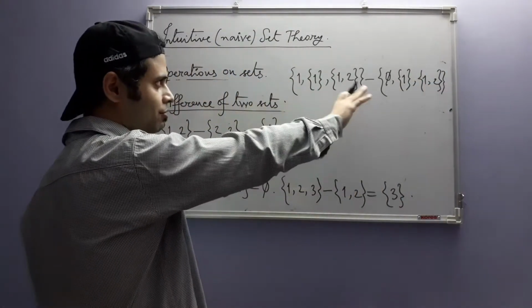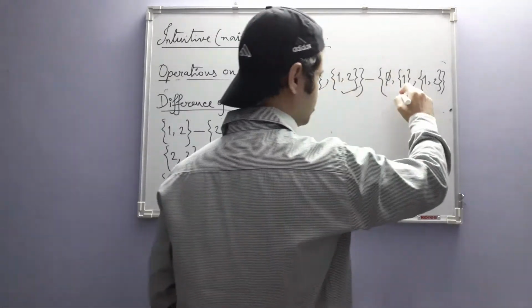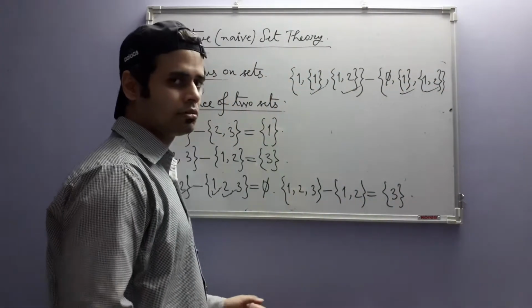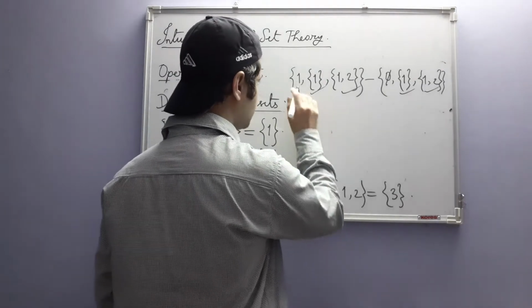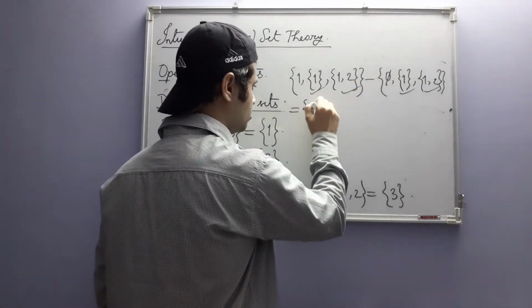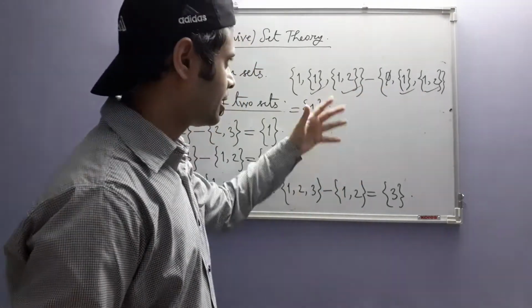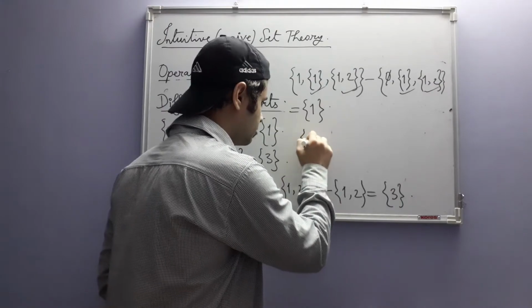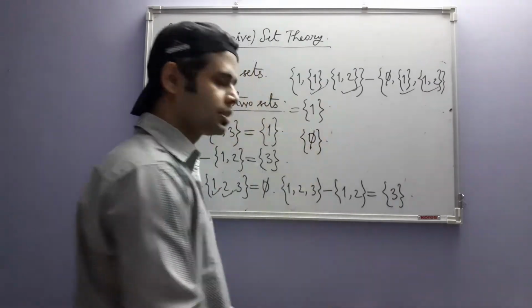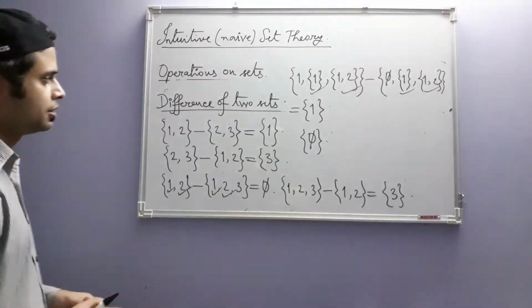Those elements in the first set which are not in the second set, these are already common elements, so they will not appear in the difference. 1 is there in the first set but not in the second set, so this is the difference. Similarly, if you take this minus this, that set would be the singleton set consisting of the empty set. Okay, so this is difference.